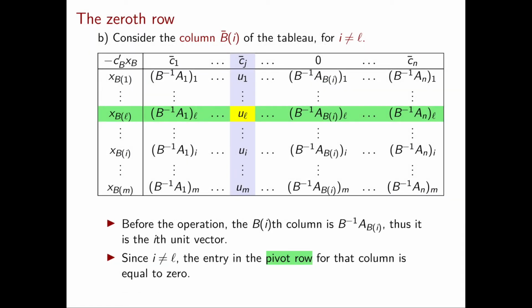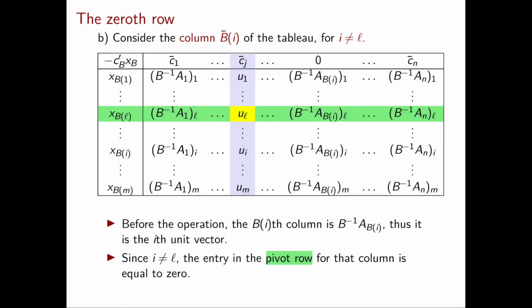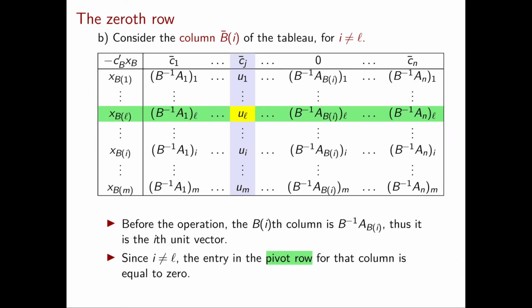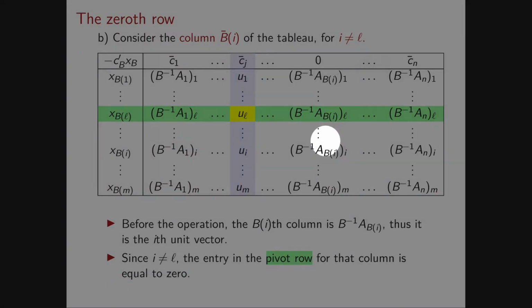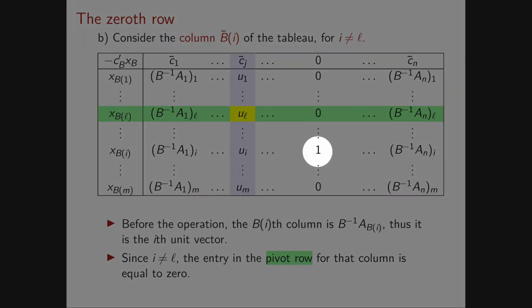Actually, we know much more about the columns corresponding to basic variables. In fact, at the beginning of the iteration, our column BI is B inverse A BI, which we know is the ith unit vector. So let's write it down here in our column. The only question is where is the 1?